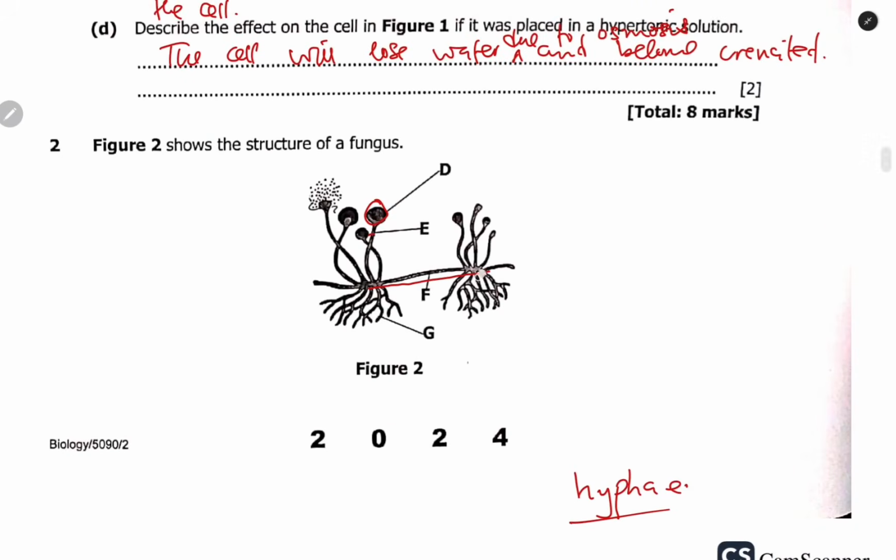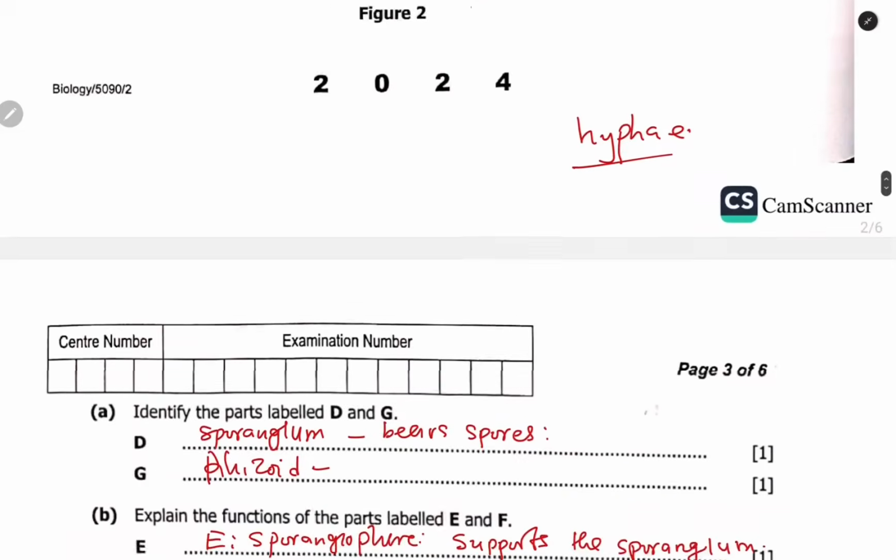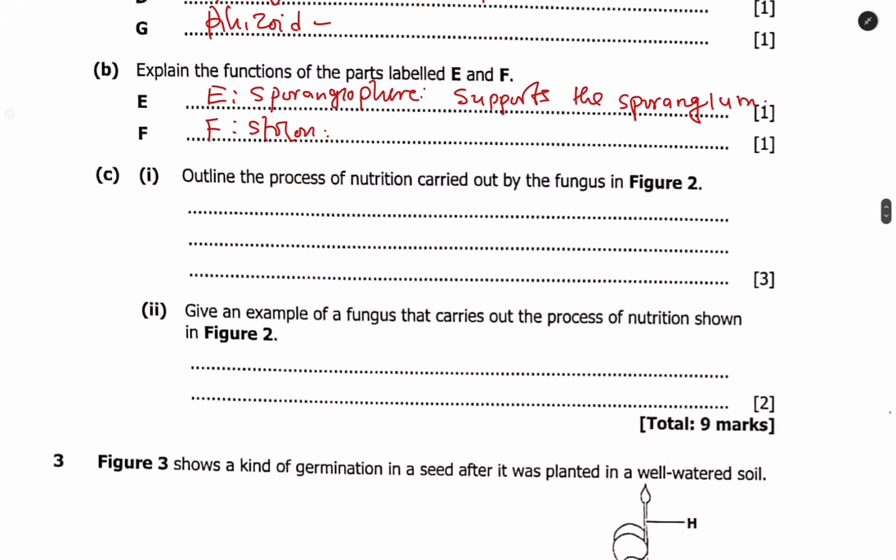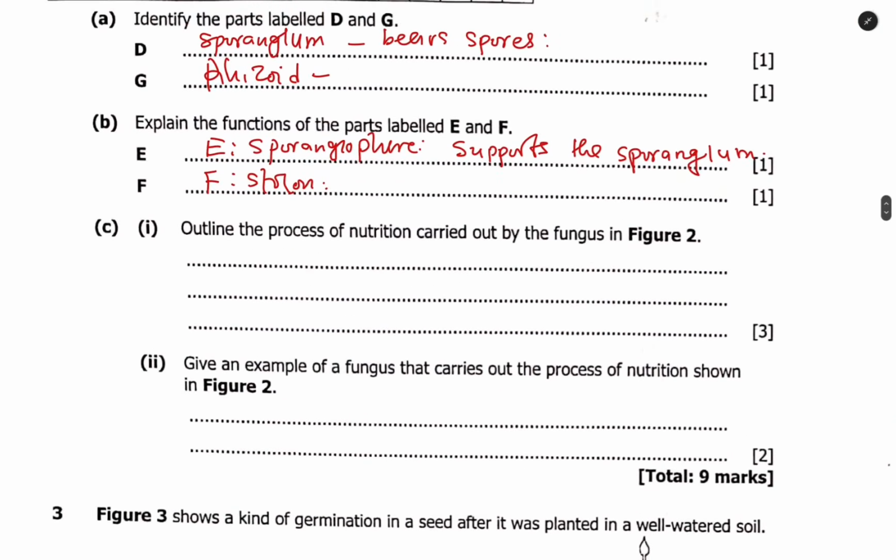Look at this horizontal part: that is where the upward part with the sporangiophores and the rhizoids going down develop or grow. So what could be the function of the stolon? One of the functions is that it grows along the substrate.